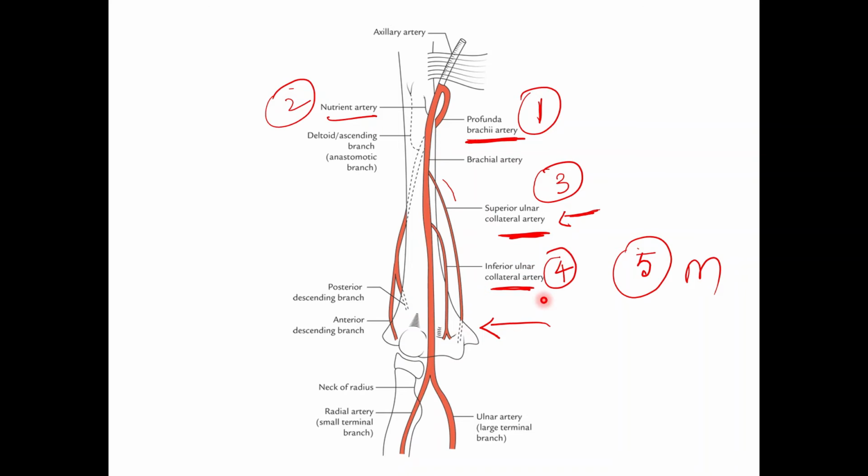The fourth branch is the inferior ulnar collateral artery, which again participates in the anastomosis around the elbow, where it is seen arising from the brachial artery about 5 centimeters above the bend of the elbow. The last is nothing but the muscular branches given out from the brachial artery, which supply the muscles of the anterior compartment. So these are the branches of the brachial artery.